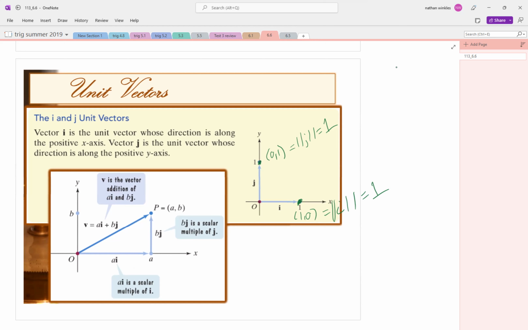Our unit vector has length 1, but if we multiply by a scalar a, it no longer has length 1. And the same thing for j, if we multiply it by a scalar b. So therefore, my vector, which will define the point (a, b), is defined by v equals ai plus bj, where a and b are just the ordered pair multiplied by the unit vectors.